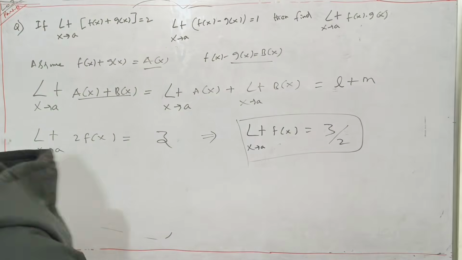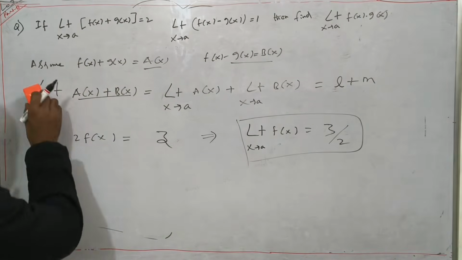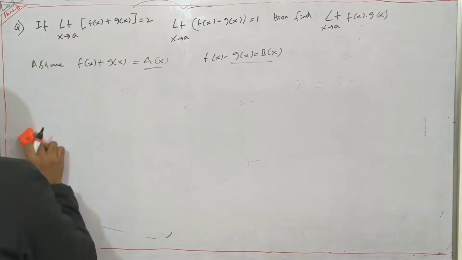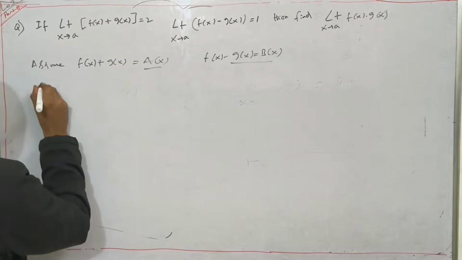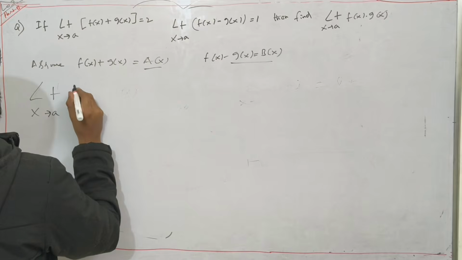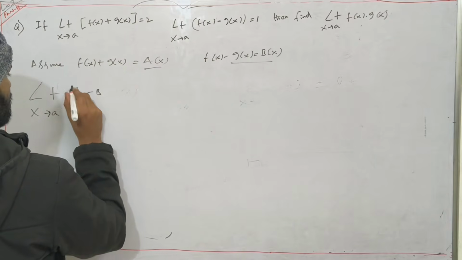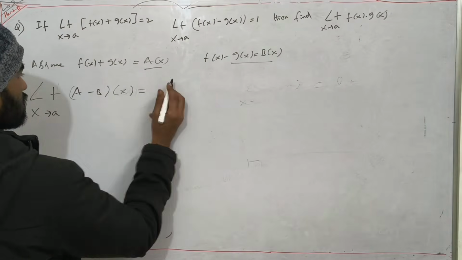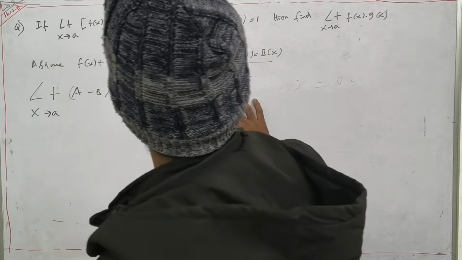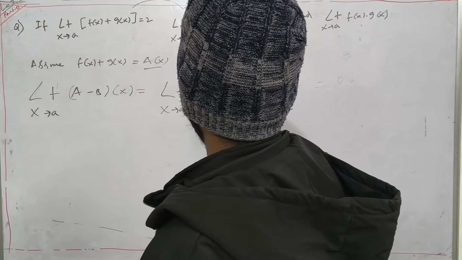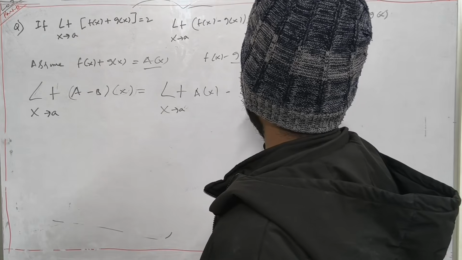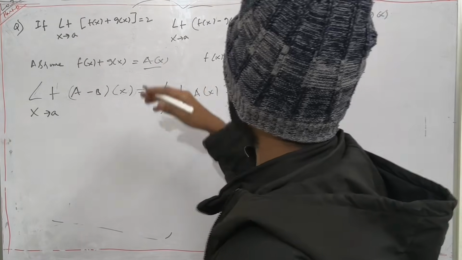Similarly, I can separate a minus b. Limit x tends to a of (f(x) minus g(x)) equals limit x tends to a of f(x) minus limit x tends to a of g(x), since individual limits exist. What is f(x)?